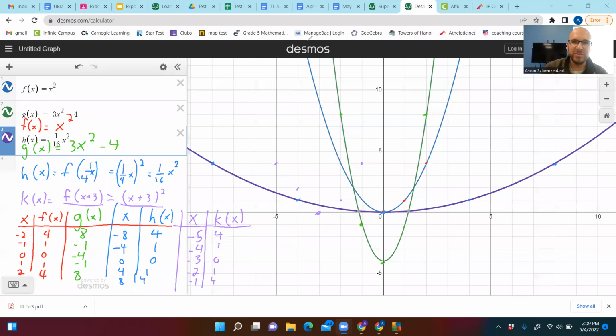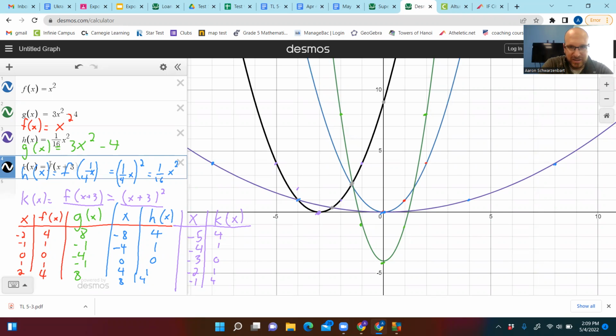I'm going to enter both of them. So here, k of x equals f of x plus 3. And that covers my points in black.